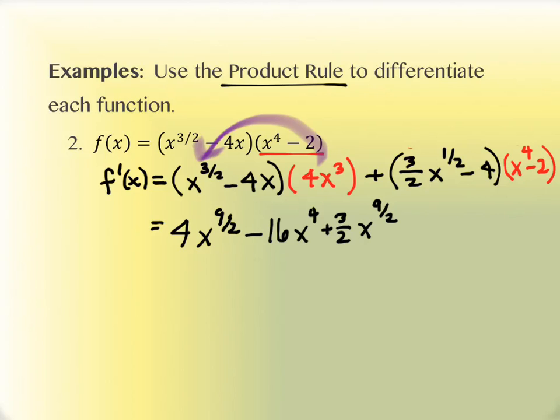FOIL says I should do the outer terms next, although your order doesn't really matter, but we'll go in that order. So I've got another 3 halves x to the 1/2 times the -2 now. So the 3 halves times the -2 gives me, yeah, -3 actually, right? And then I've still got the x to the 1/2 that's already there.